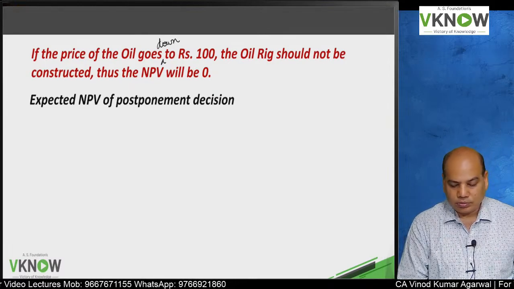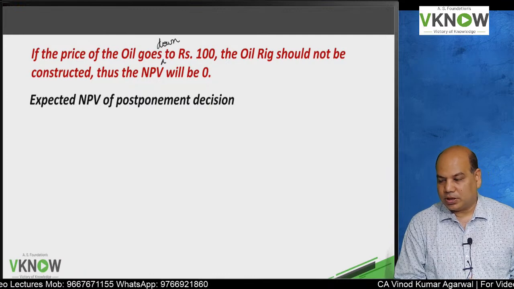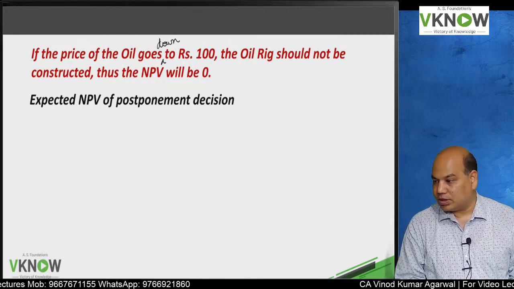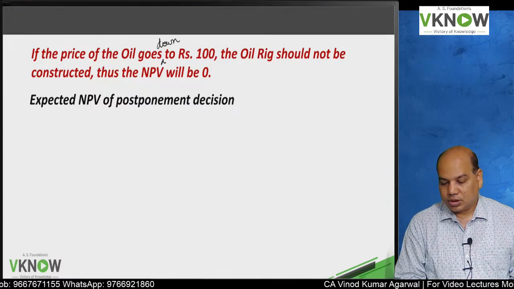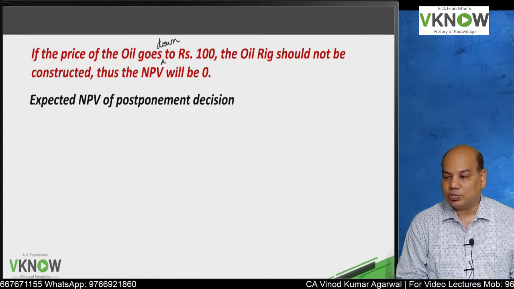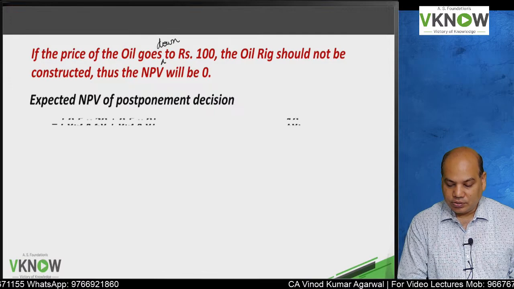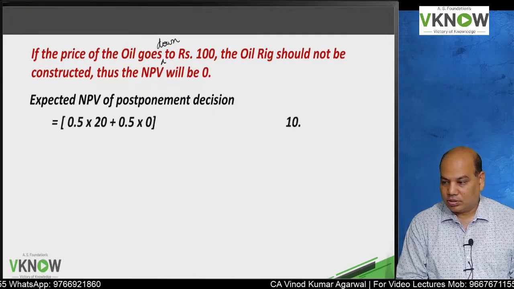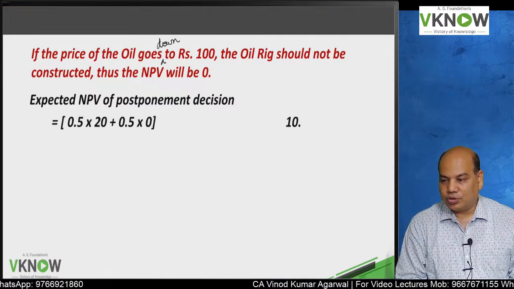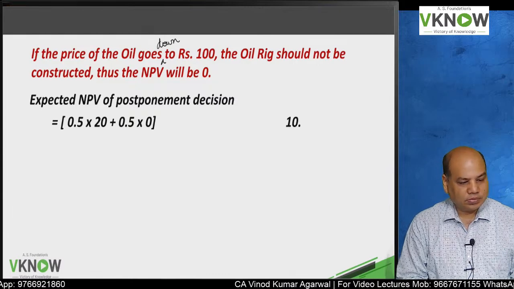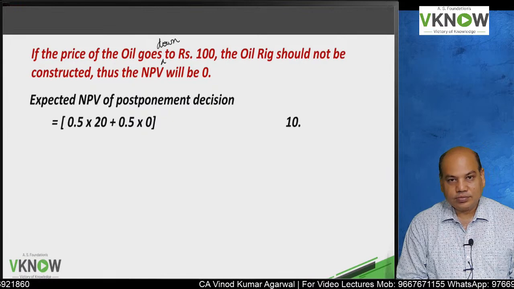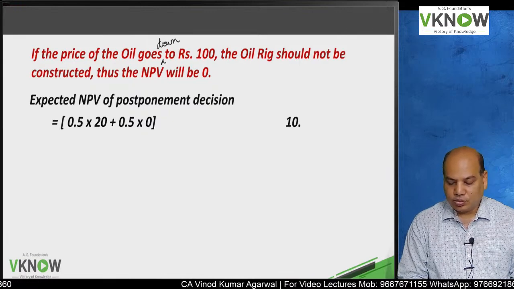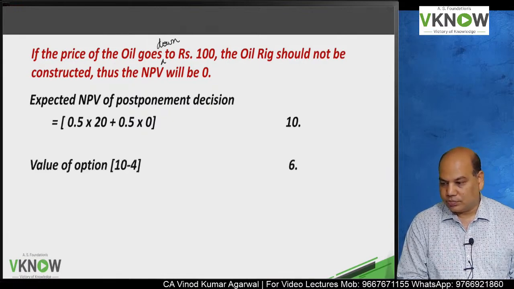Now write down below the expected NPV of the postponement decision. Expected NPV of the postponement decision is equal to 0.5 into 20 plus 0.5 into 0, which is 10.